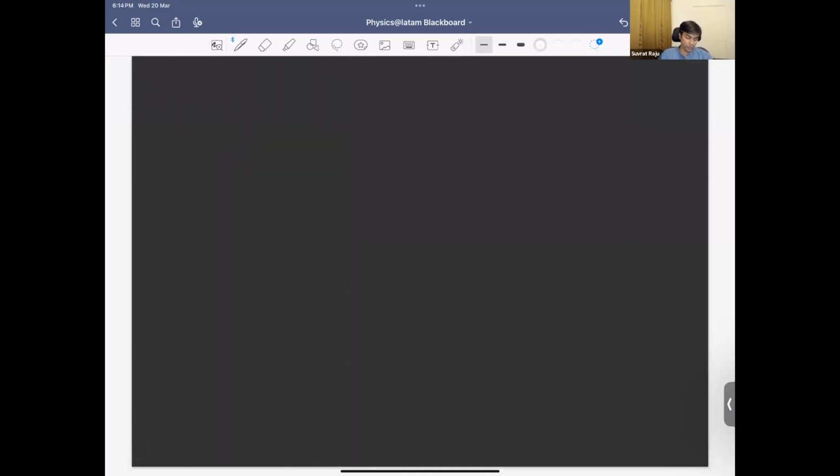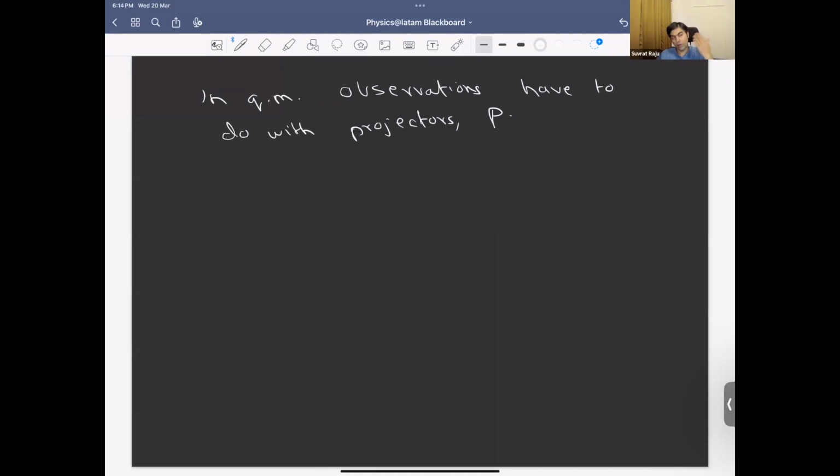So let me first try and answer this question. In quantum mechanics, observations always have to do with projectors. This is quantum mechanics 101, but we shouldn't forget it. That's because what we can really measure in quantum mechanics are probabilities for various projectors.